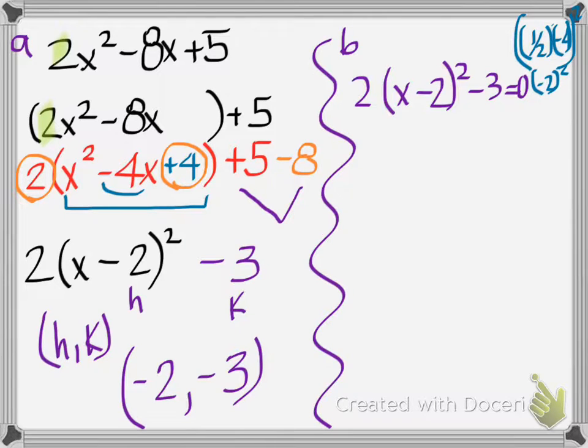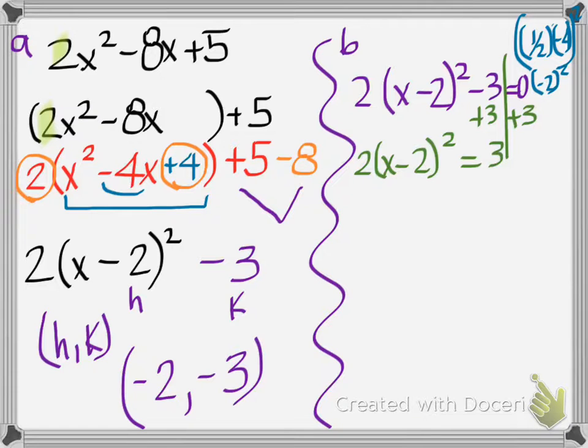The very first step is to get rid of that constant, so we add 3 to both sides. We end up with 2 times x minus 2 quantity squared equals positive 3.